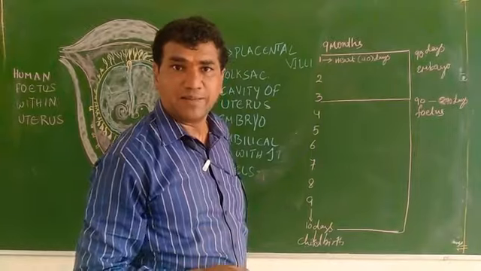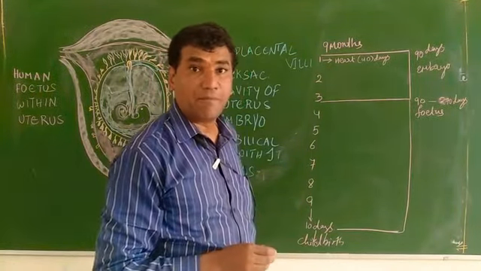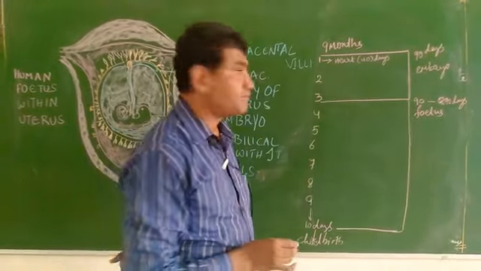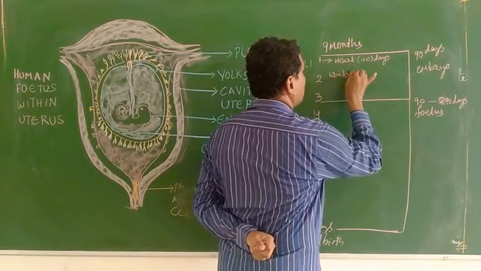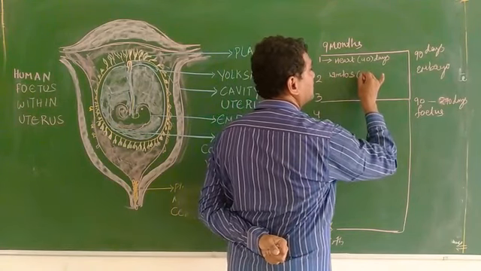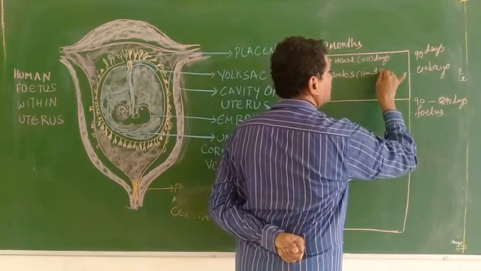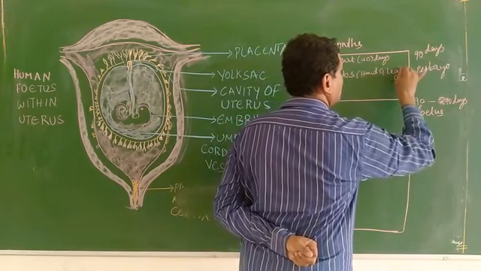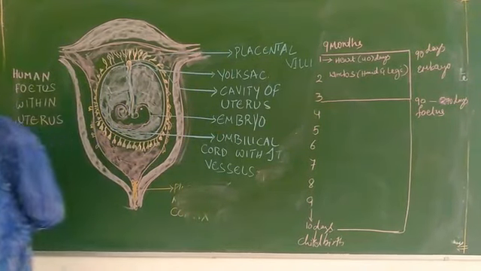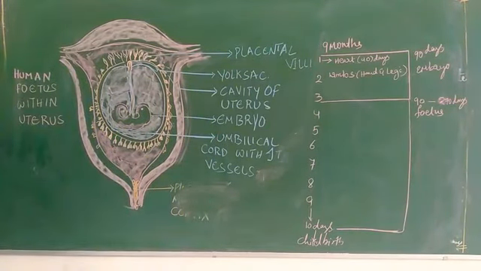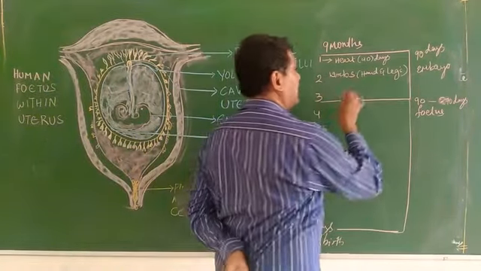In the second month of pregnancy, the important factor is development of limbs, that is the hands and legs.